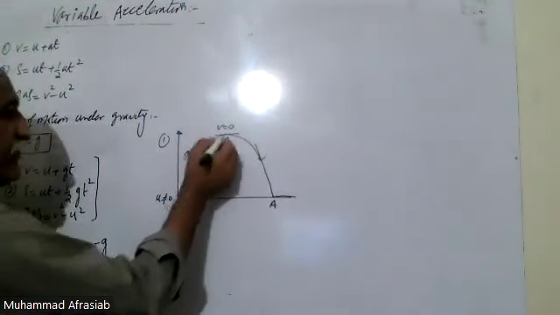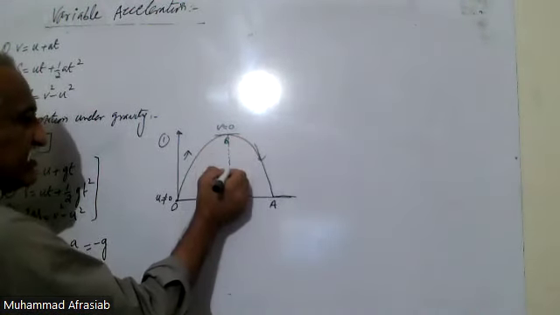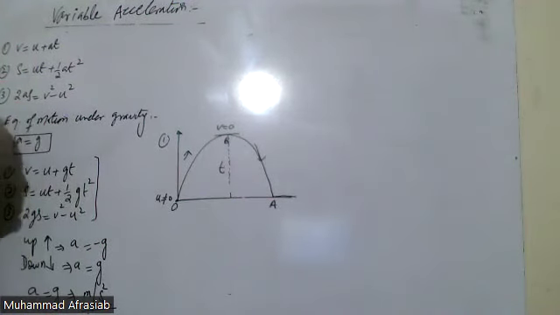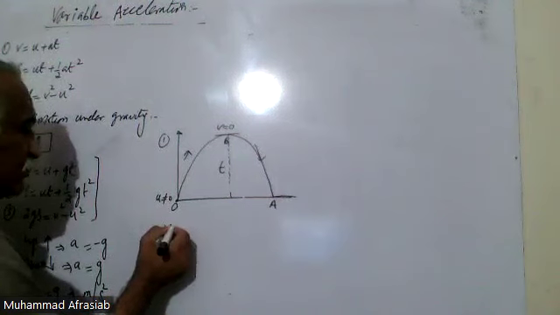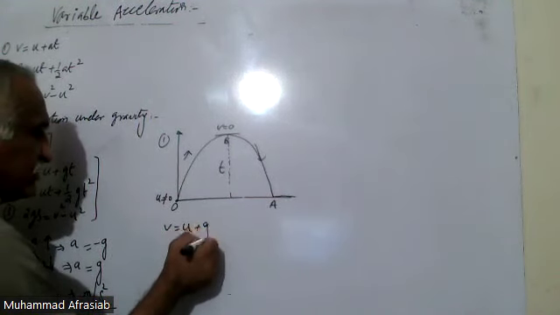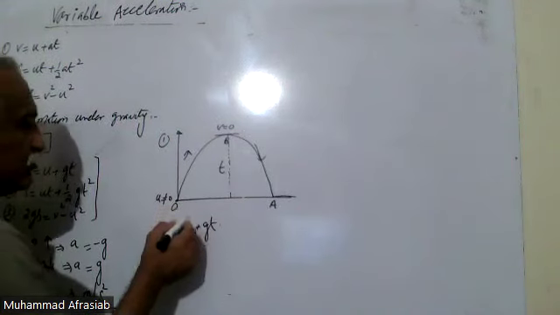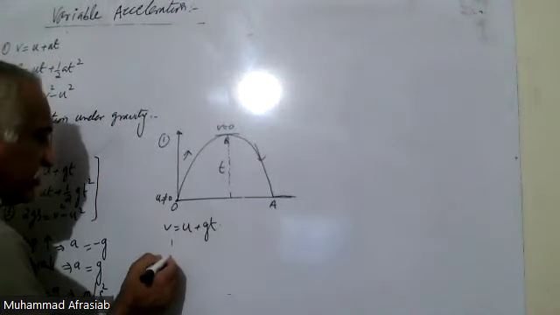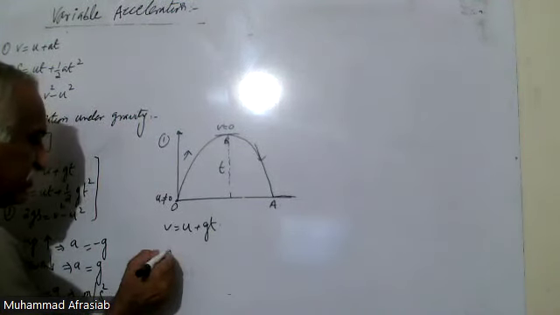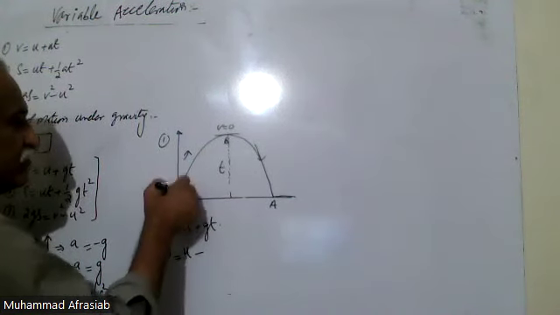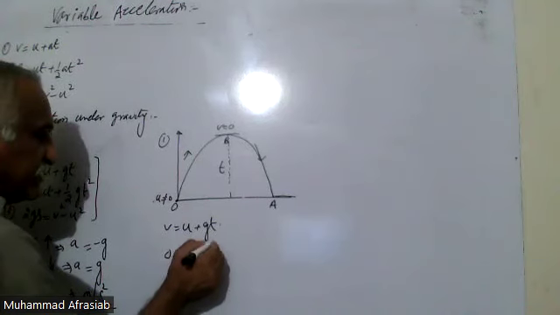We know that if t is the time taken by that particle to move upward, then v = u + gt, where v is equal to 0 because at position B the velocity is equal to 0. u is the given initial velocity. But because it is moving upward, g will be taken as minus.